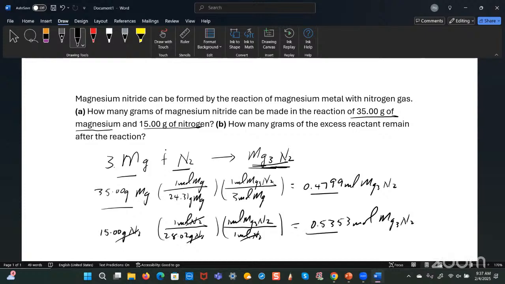So now that we have these two numbers, what we do next is compare this number to this one. Since this is lower, right, that means that the magnesium is the limiting reactant. And that means that the nitrogen will be the excess reactant. Right? So it is the limiting reactant that determines how much product you expect to get. So let me continue down here.